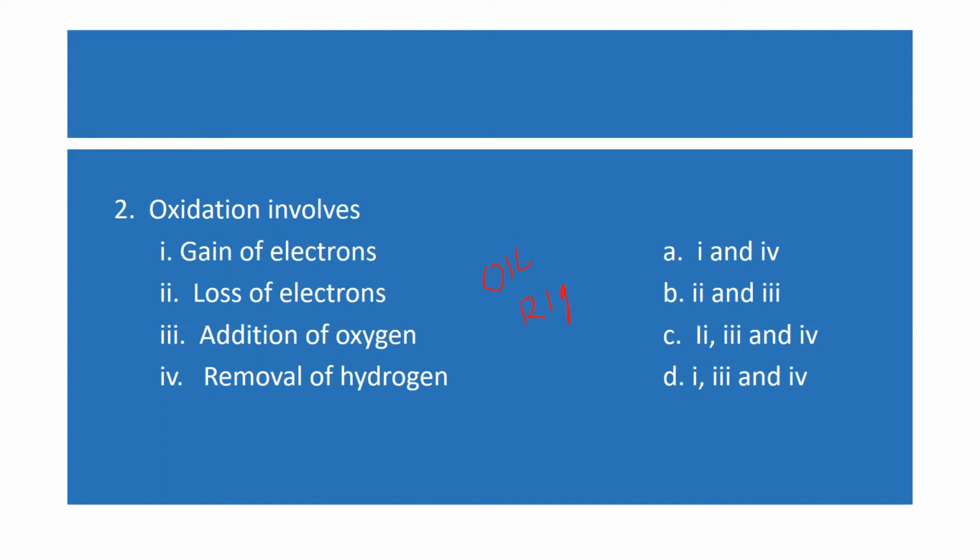OIL RIG, these two things you can learn: oxidation involves loss of electrons, reduction involves gain of electrons.